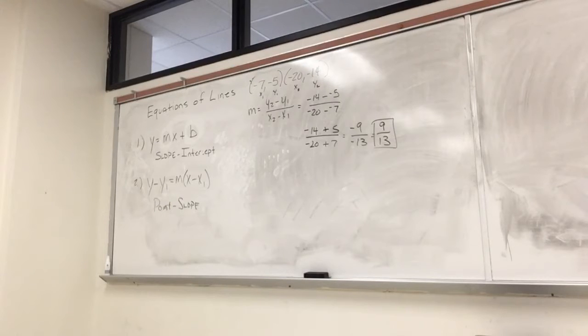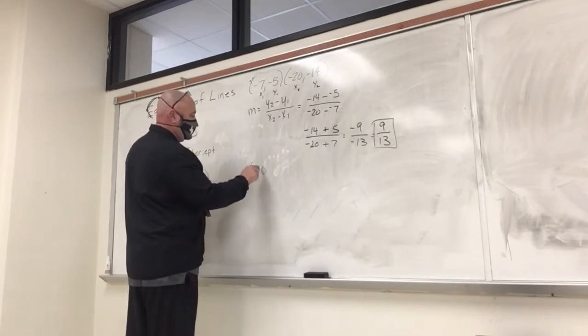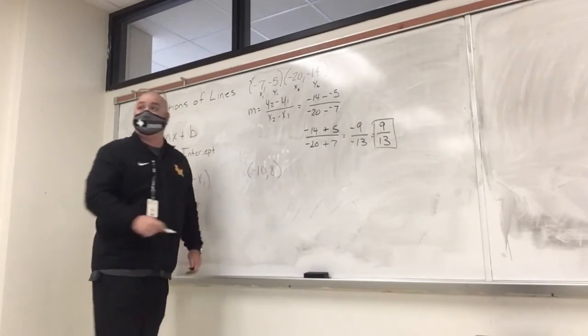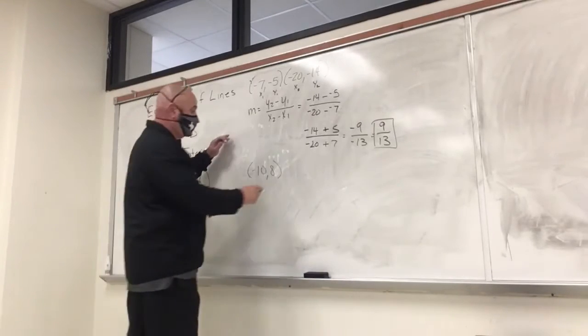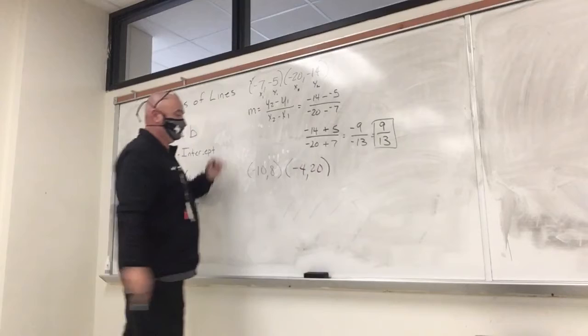So let's go to the second one. The second one is find the slope of a line through the points -10, 8. Now I'll write that down. -10, 8, and -4, 20. Okay?